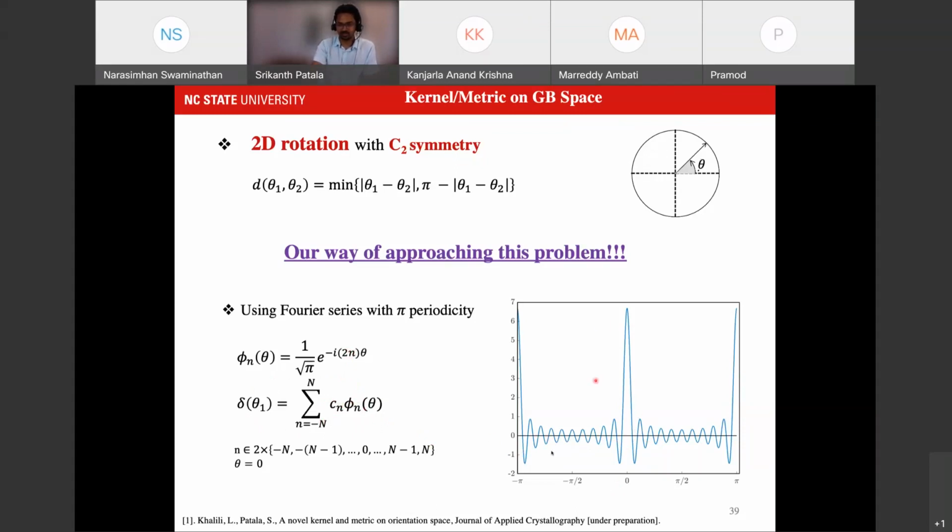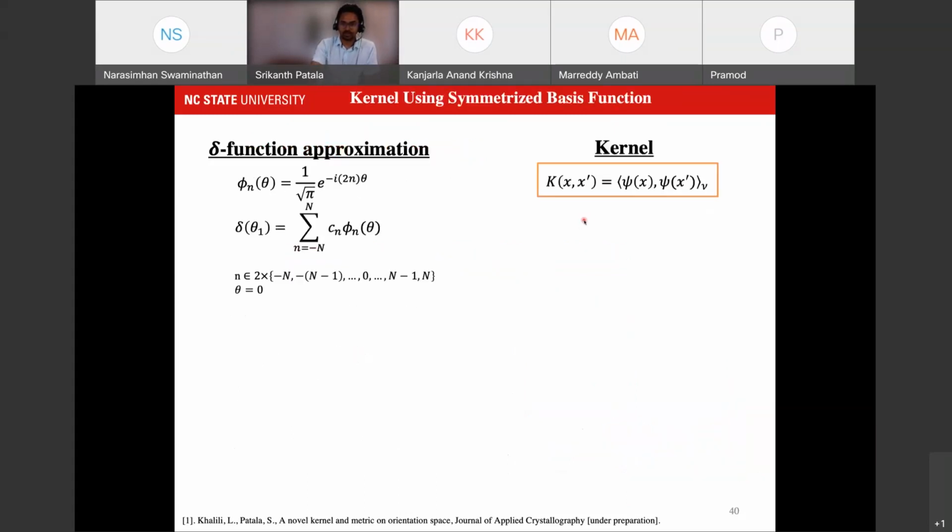As you can see, the delta function has a peak not only at 0, it has a peak at minus pi and pi as well, because we are only using even numbered coefficients, which has pi periodicity. And using a property of these basis functions, I can define a kernel, which is basically an inner product of the coefficients. So if I have the coefficient expansion at theta 1, and if I have a coefficient expansion at theta 2, I have two sets of coefficients. The inner product gives me a kernel.